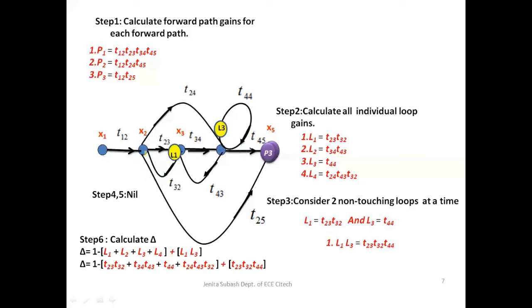So let's substitute all the individual loops and non-touching loops in delta, where delta is equal to 1 minus. Here in this example, we have 4 individual loops, so it is L1 plus L2 plus L3 plus L4, plus the sum of the product of combinations of 2 non-touching loops. Here we have only one combination. I have taken the product of 2 non-touching loops L1 and L3 and it has been substituted in delta.